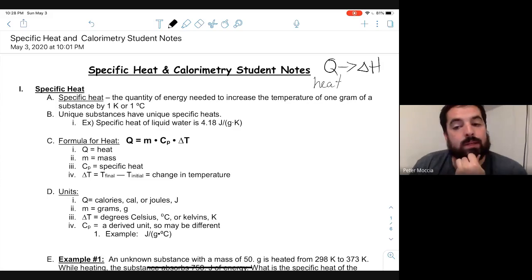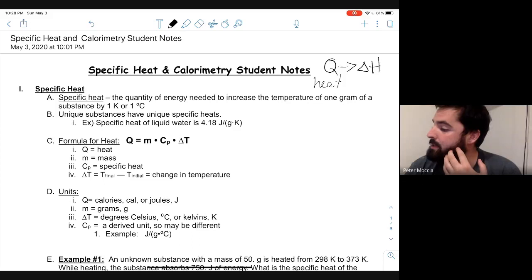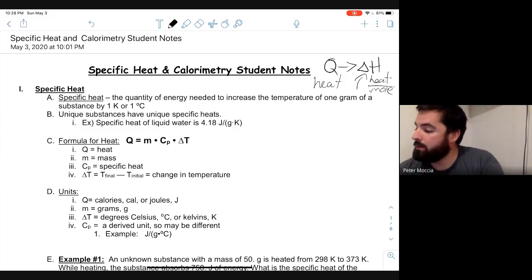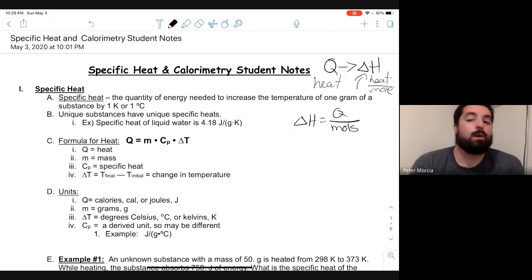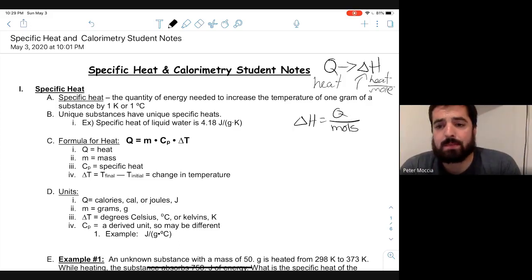It's the heat released or absorbed by some process, and delta H is the heat per mole. Okay. So last week we talked about delta H is equal to Q divided by however many moles of the substance are involved in that process.